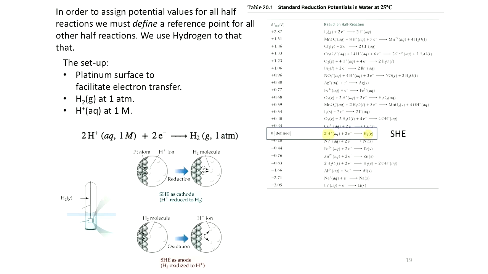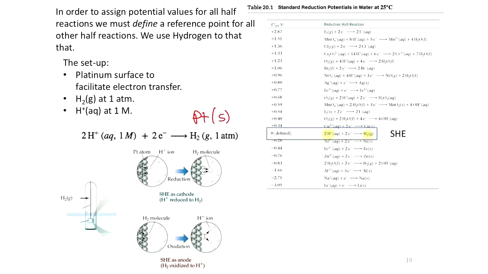So to get around it, we actually have to use platinum solid to facilitate that electron transfer, where acid migrates towards the platinum, the electron transfer happens, and then the gas is generated and goes away from the platinum electrode. So the platinum is just a surface for the reaction to occur, that we can stick an alligator clip on, because we can't do that directly to the gas itself, because this reaction does not involve any solids.